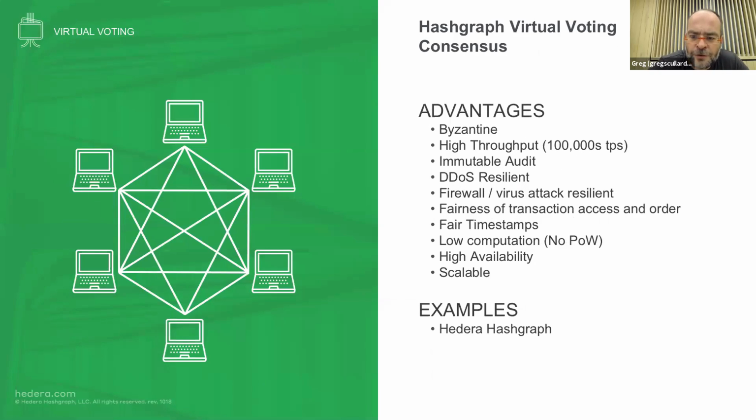So virtual voting addresses the drawbacks of a voting-based algorithm. It's fast and efficient while enabling fairness of access, transaction ordering, and finality of consensus. That's what Hashgraph does, and that's what makes the Hedera public network run, so to speak.